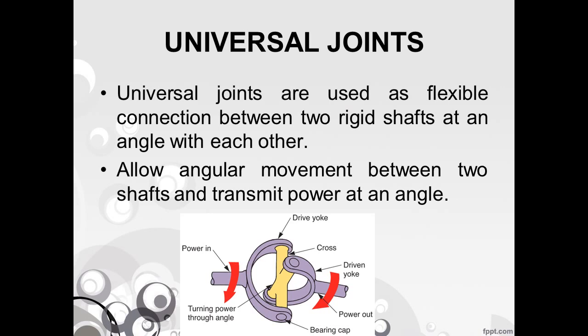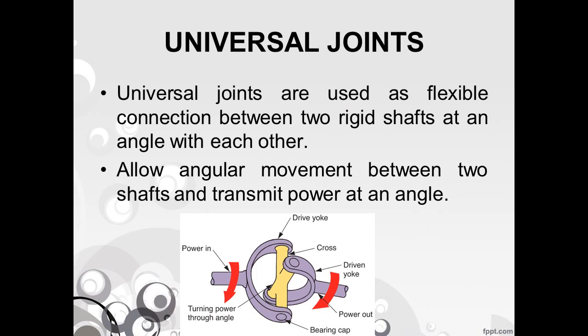Construction of universal joint consists of two Y-shaped components called the yoke, one from power input shaft and one from the power output shaft. Both are connected with the help of a special member called cross, also called a spider.